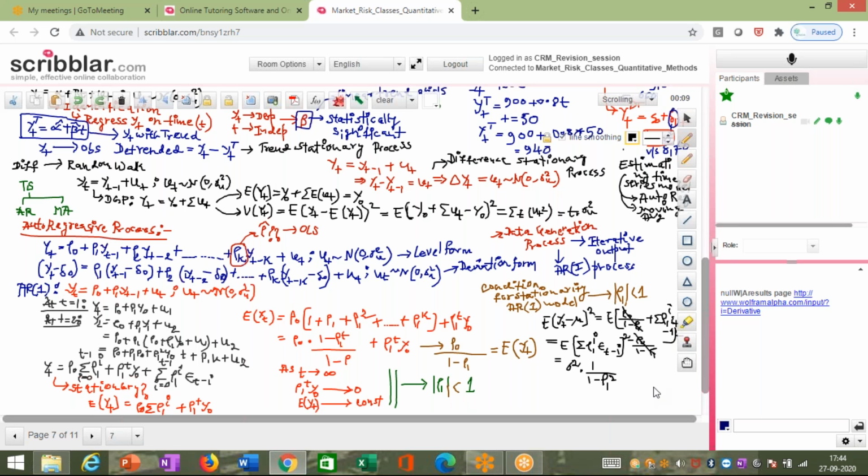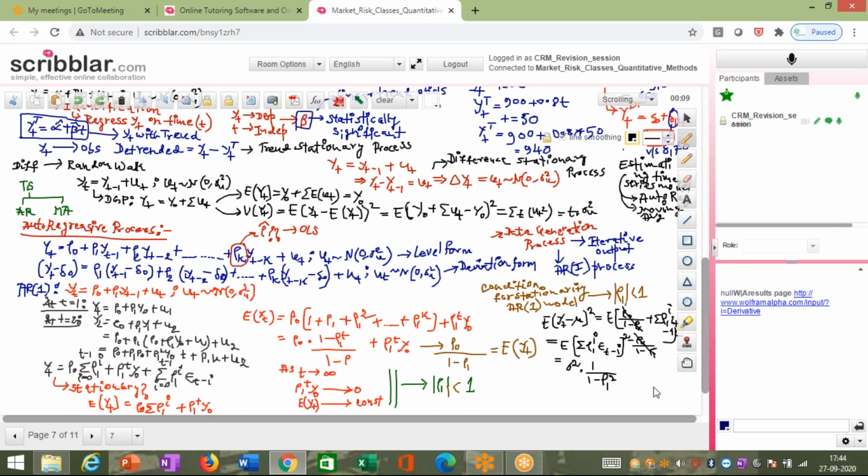So sigma square into 1 by 1 minus rho 1 square is also a constant, and hence the variance is also constant. Basically the mean and the variance become constant if the mod value of rho 1 is less than 1. So this is the criterion for an AR1 process to be stationary, and these two are the respective moments of the stationary time series.